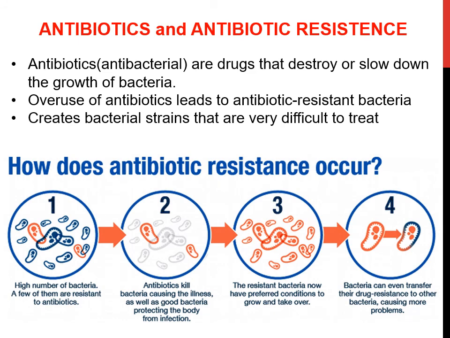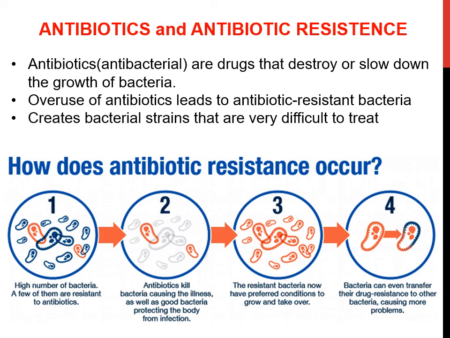Okay, so let's briefly talk about antibiotics and antibiotic resistance. Antibiotics are used to destroy or even just to slow down the growth of bacteria, depending on which antibiotic we're talking about. And you'll learn more of that in pharmacology.